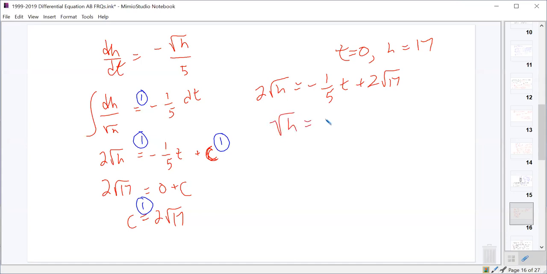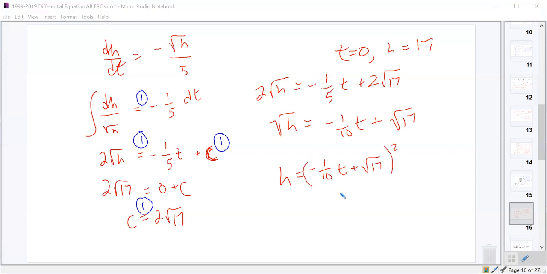Root h equals negative 1/10 t plus root 17, and h equals negative 1/10 t plus root 17 squared. And there's your 5th point. Any questions with that?